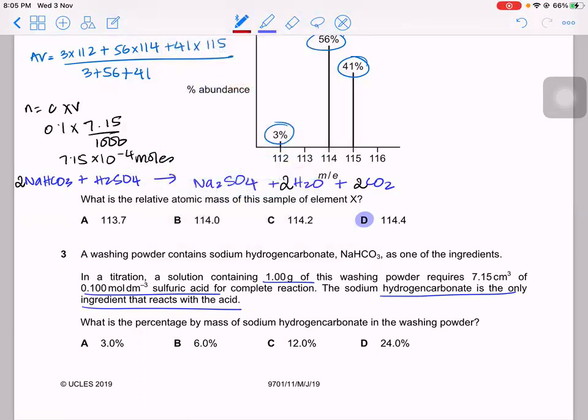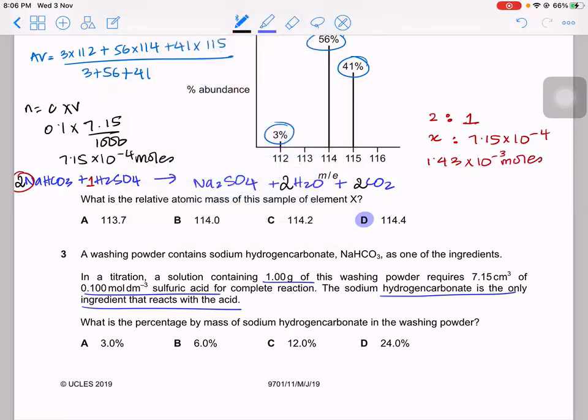Once you find that, you need to find the percentage mass of sodium hydrogen carbonate. So let's find the moles of sodium hydrogen carbonate. That would be 7.15 × 10^-4 times 2. Yes, because the ratio is 2:1 and we have the moles of sulfuric acid. So the moles of sodium hydrogen carbonate would be 1.43 × 10^-3 moles.